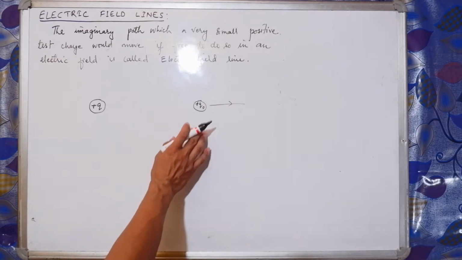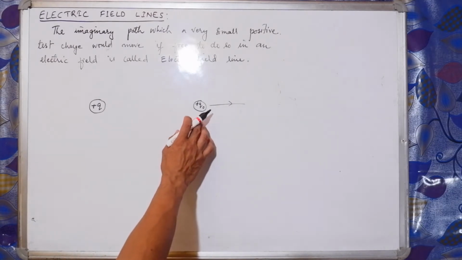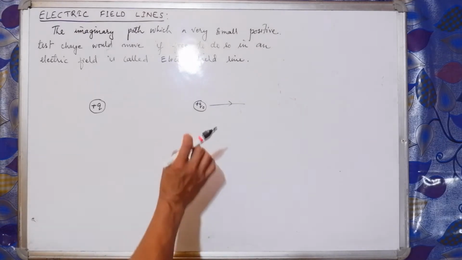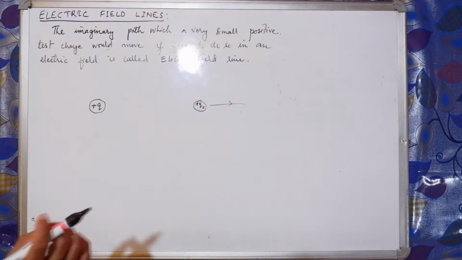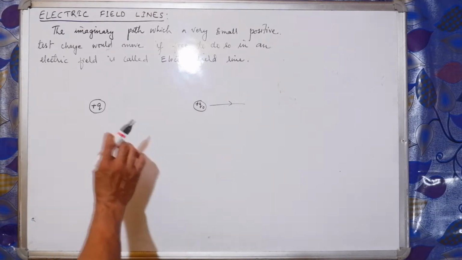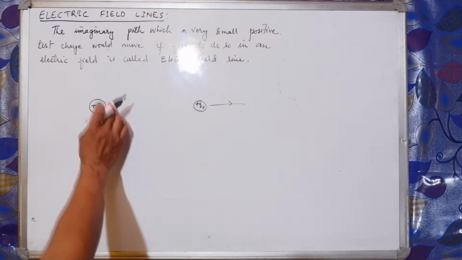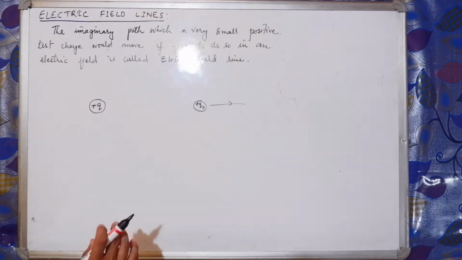The path in which this positive charge plus Q naught is moving will represent the electric field lines because of the electric field produced by this charge plus Q here. So I hope it is clear.